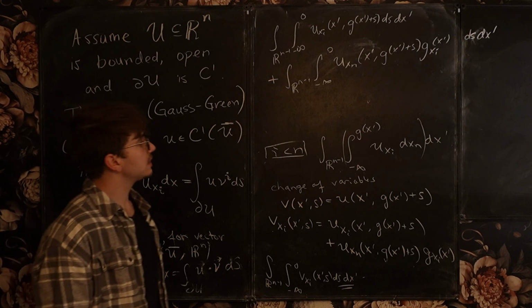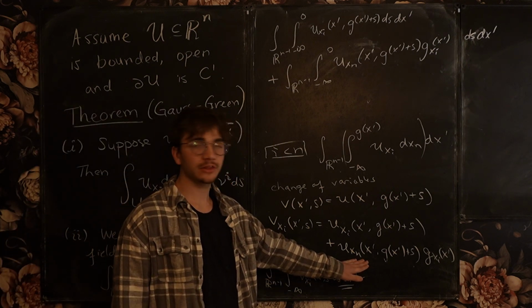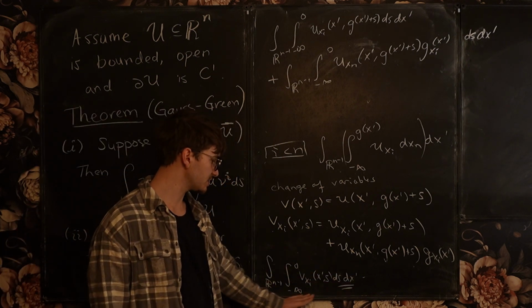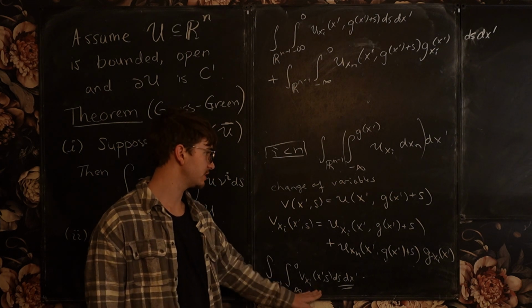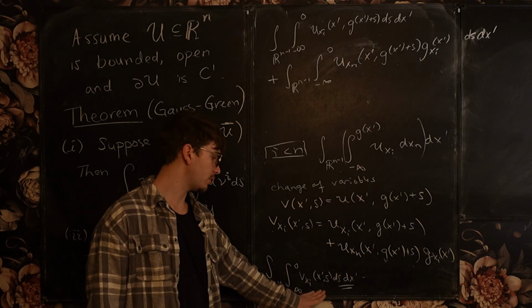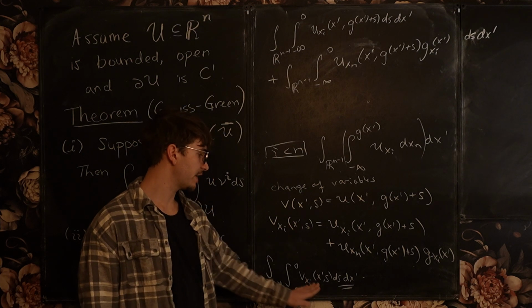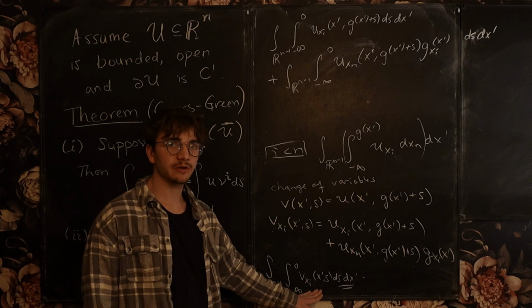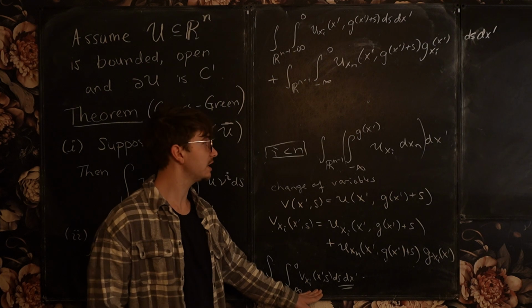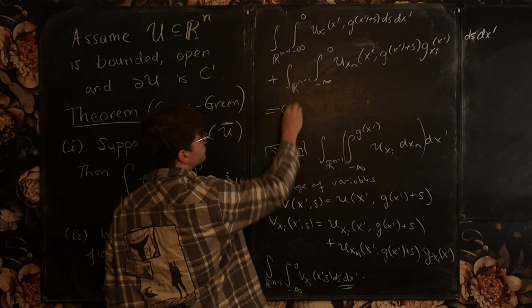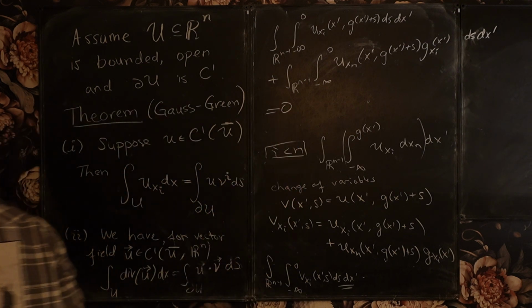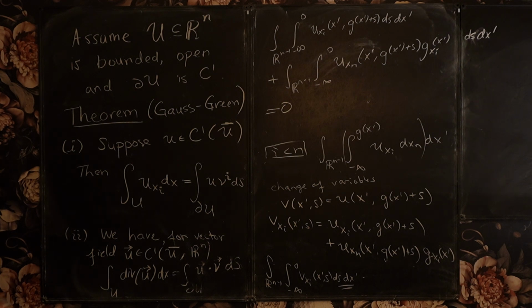So we have this: I just integrated the right-hand side in the same way that I integrated the left-hand side of this equality. Now the left-hand side integrated to 0 by Fubini's theorem and then the fundamental theorem of calculus, as we just discussed. So this integral is 0. Now, what does this tell me?